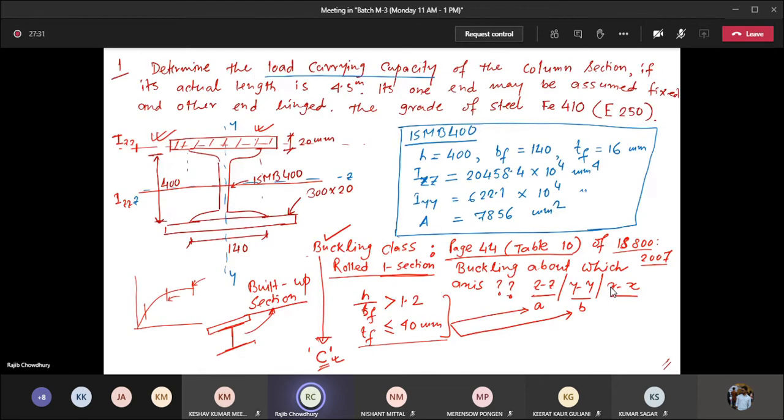What I am going to consider is the IZZ of the entire section, which is the IZZ of the I section plus A D square, which I am going to consider from the parallel axis theorem. Okay.